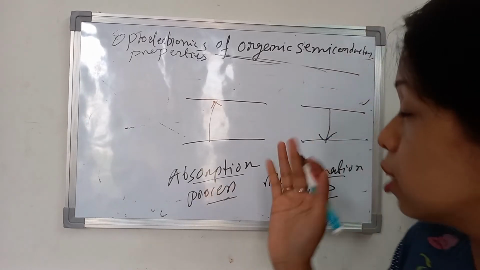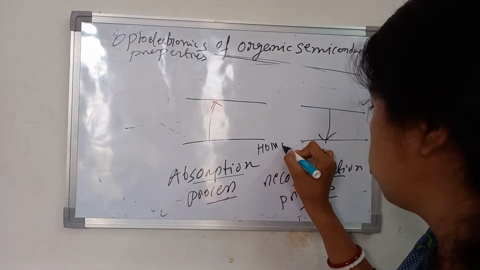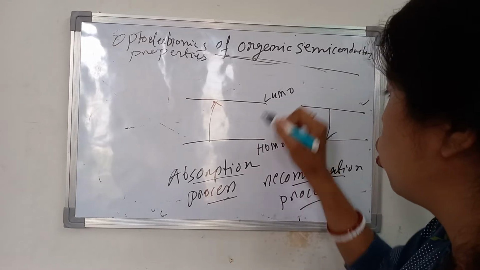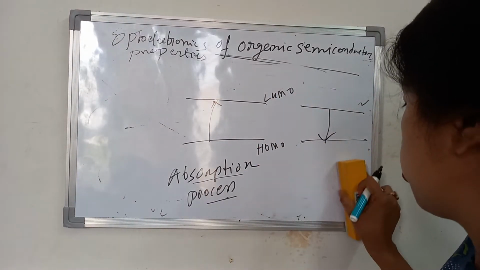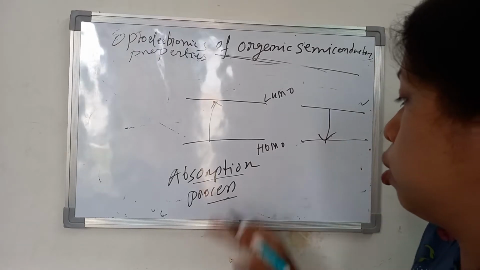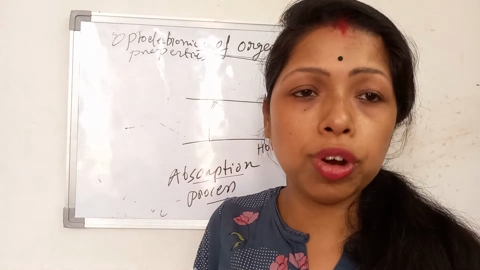Two processes are there, involving the HOMO and the LUMO level. First I will discuss the absorption process. Both processes are related to transition between the HOMO level and the LUMO level.